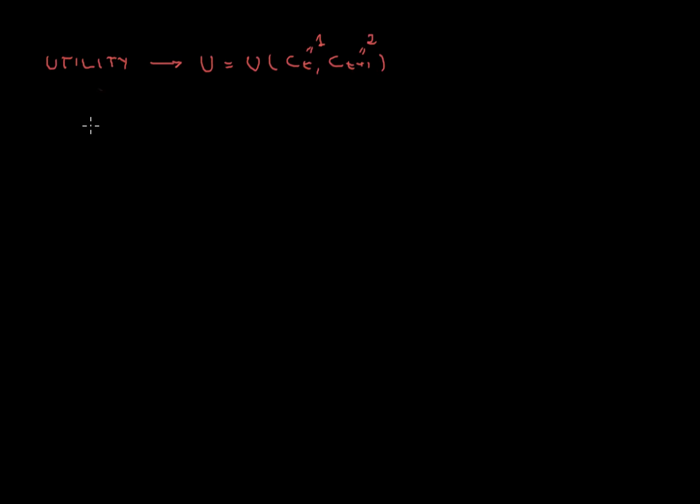Okay, so here the utility function has the typical assumptions. The utility is increasing. I mean, we can write it: the partial derivative here, by definition, is greater than 0.